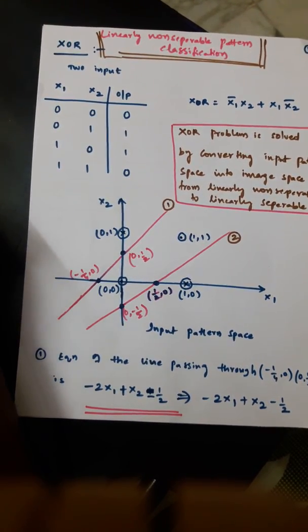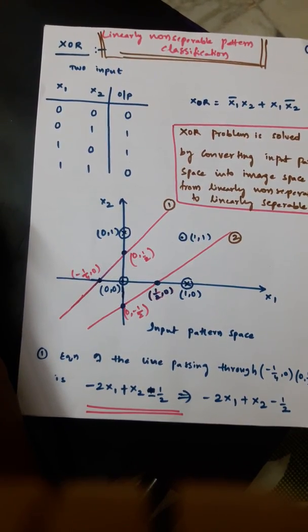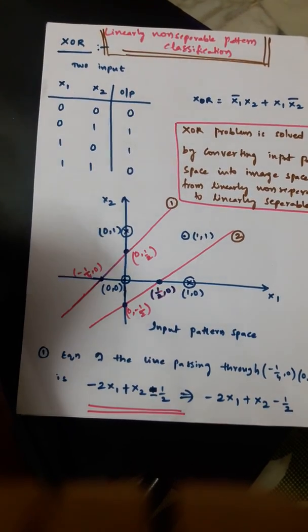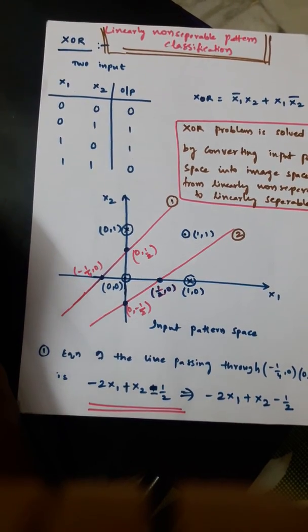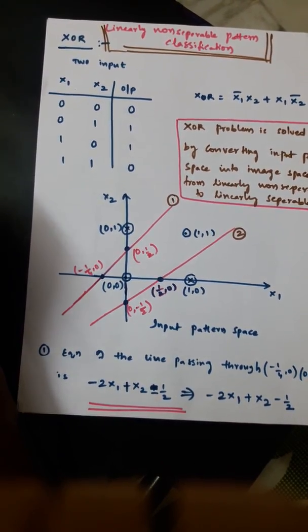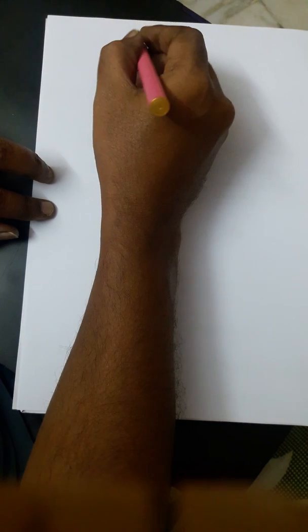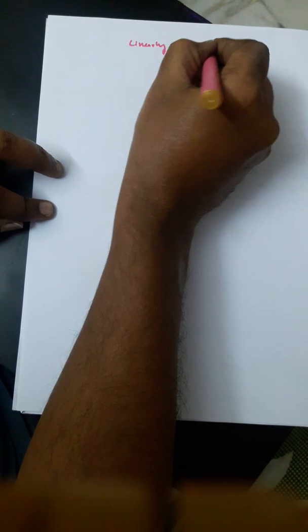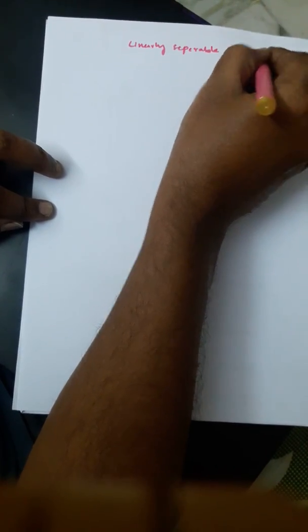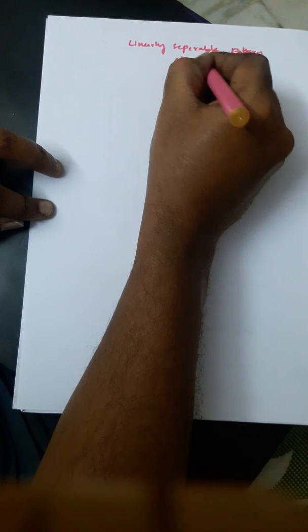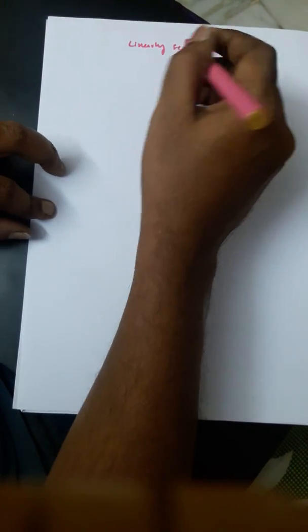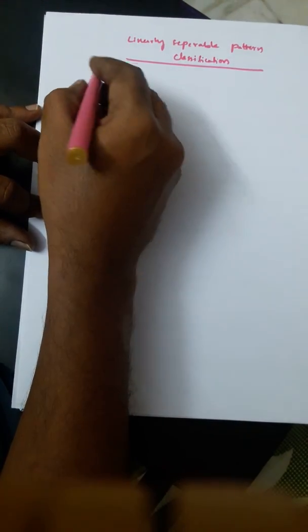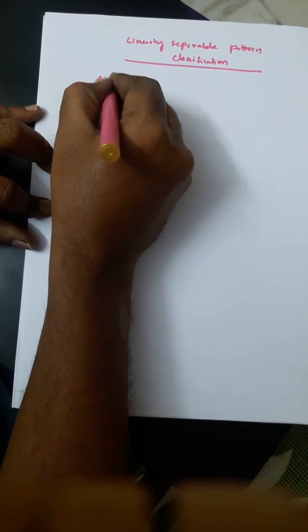Right, in earlier classes we have seen what is linearly separable pattern classification. To have a brief recap of what we have discussed about linearly separable pattern classification, let us consider an AND gate.